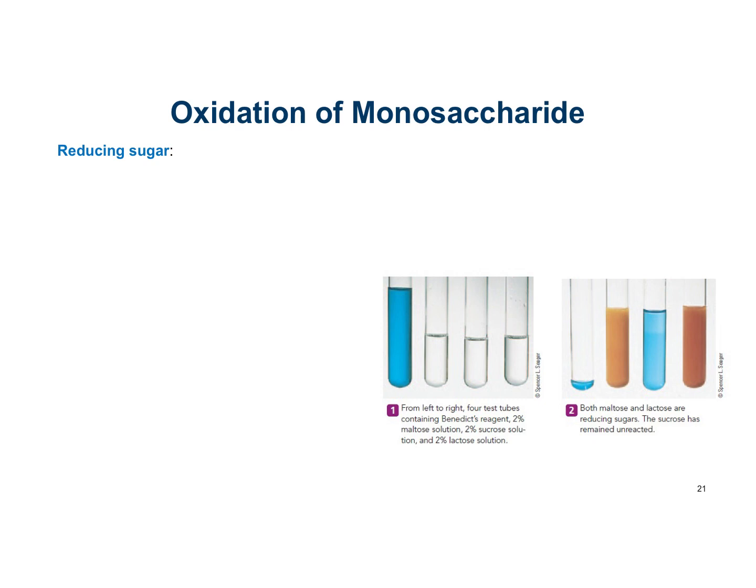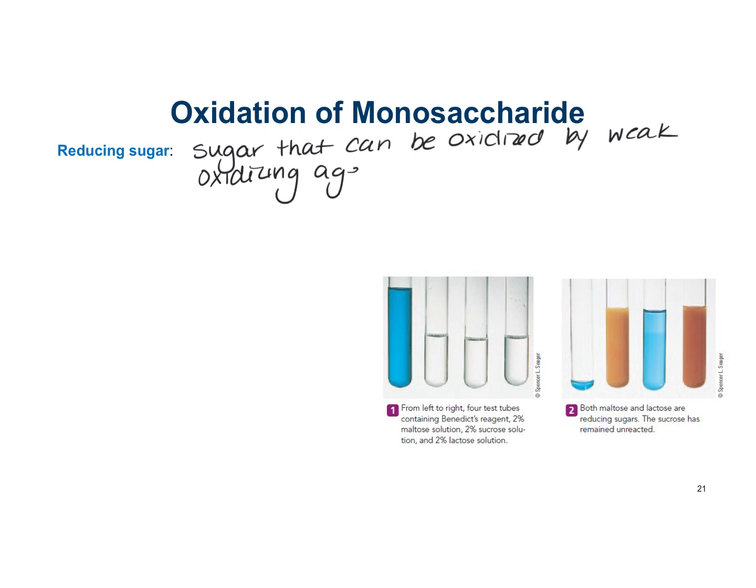And so a reducing sugar is just a sugar that can be oxidized by weak oxidizing agents. All right? And all monosaccharides are reducing sugars.